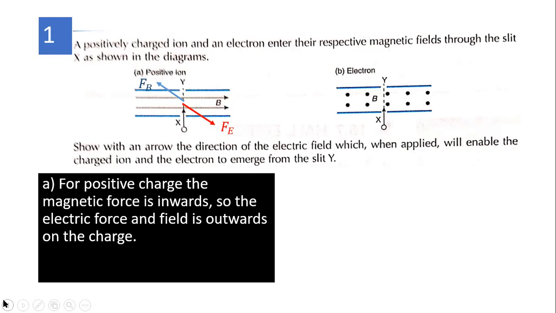B is electron. Okay, so the current is going down. It's a negative charge, so the field is coming out. And see, the problem with you is you don't do your homework.